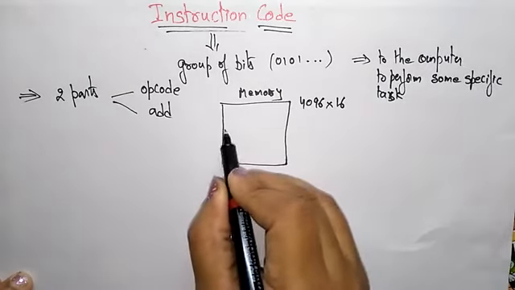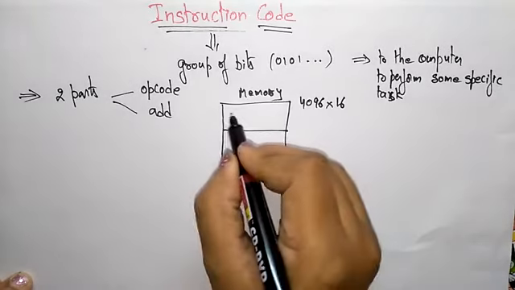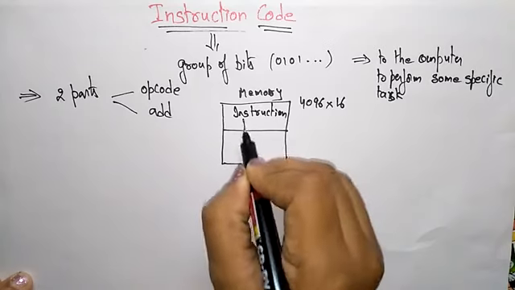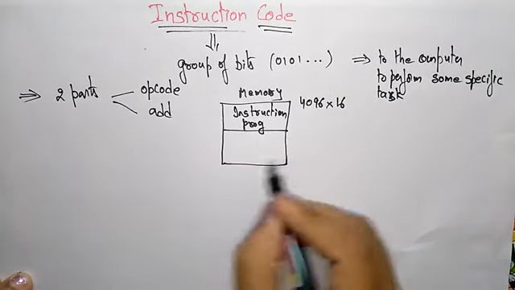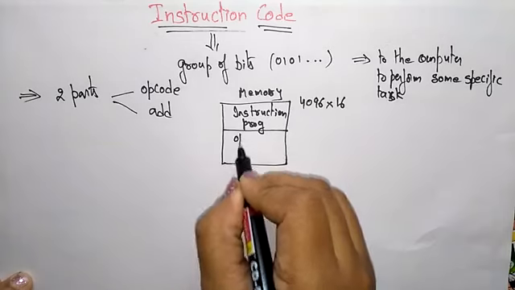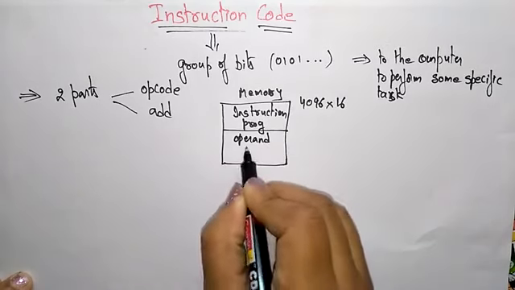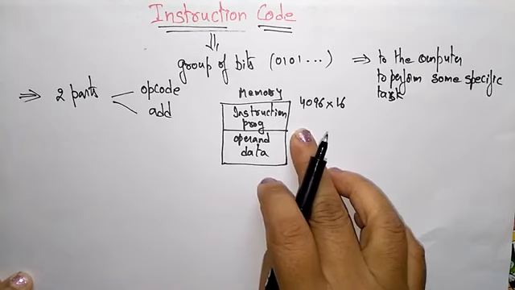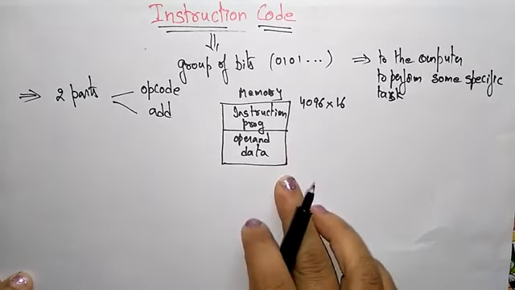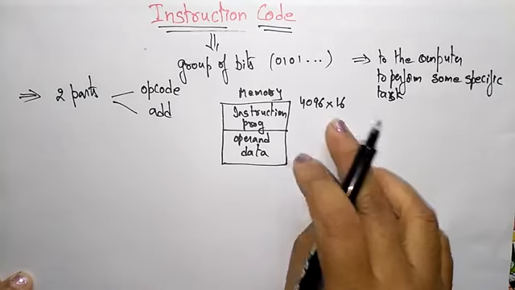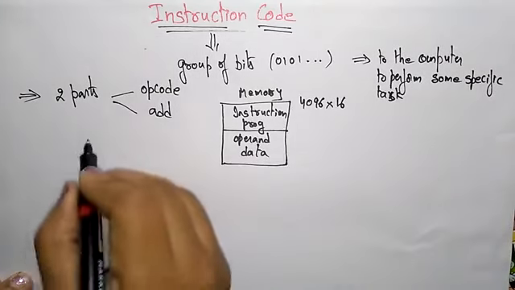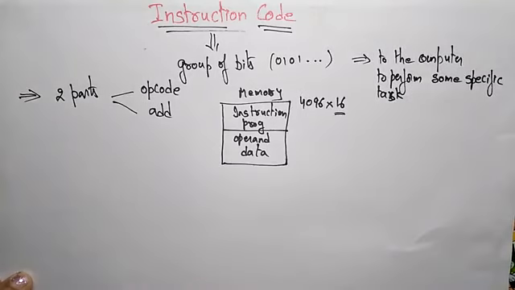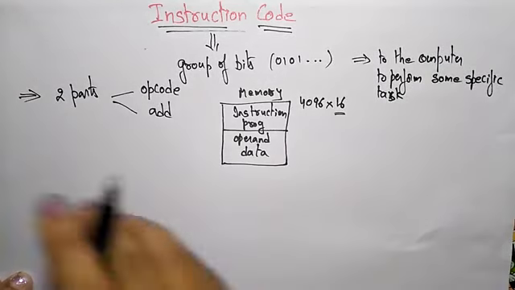This memory will be divided into two parts: one holds the instruction program, and the other holds the operand, that is the data. So this instruction code is of size 16 bits because it has 4096 into 16 memory locations.